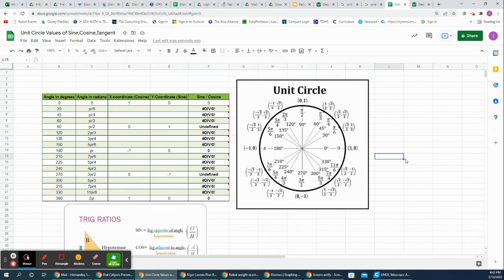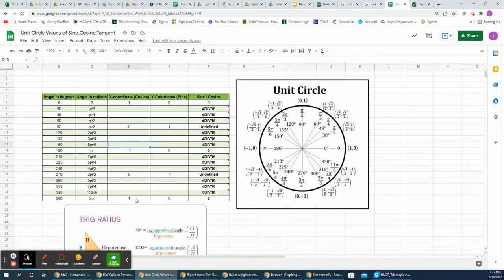Okay? All right. Now, I've already completed these values. It's going to be your turn to do the values for the x-coordinate, the y-coordinate, and then let's see what happens for sine over cosine. For 30, for 45, for 60, for 120, for 135, etc., etc. I want you to fill this out.